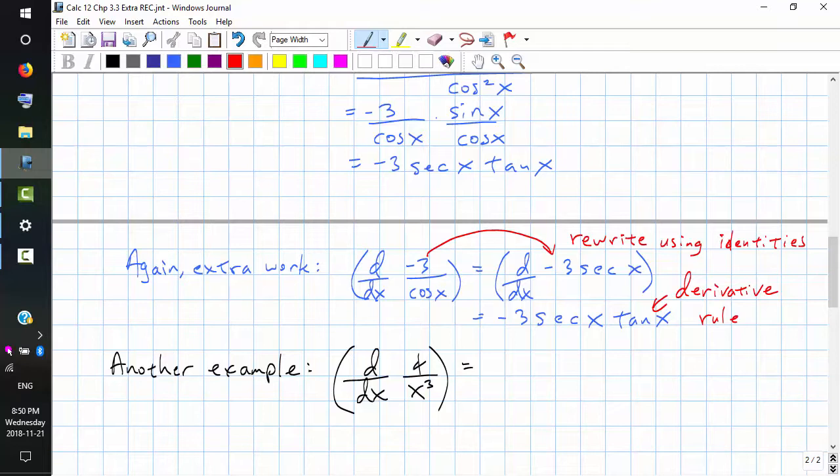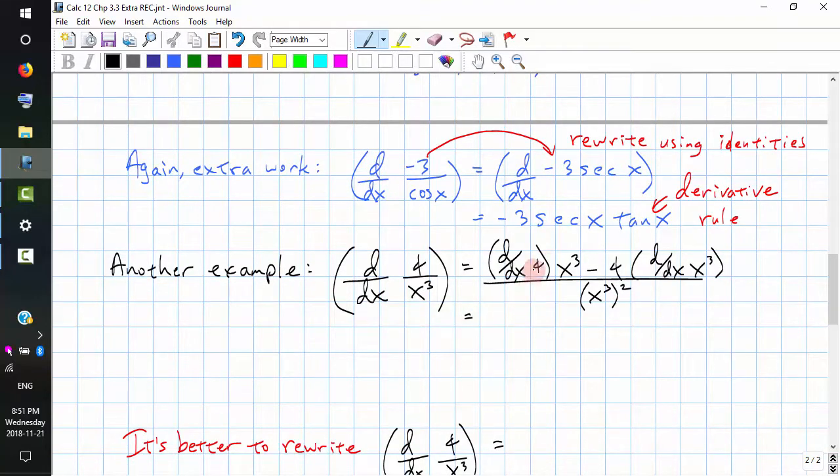Let's look at one last example. Again, we'll use the quotient rule: d dx of 4 times the denominator, x cubed, minus 4 times the derivative of the denominator, that's d dx x cubed, all over x cubed squared, that's the denominator squared.